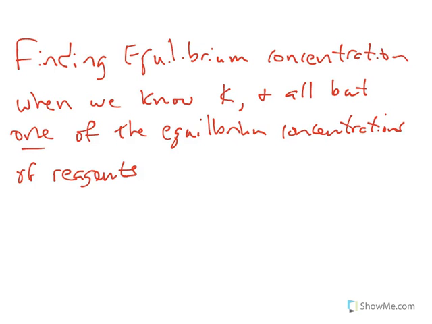When I say reagents, it's a generic term for both reactants and products. All right, so let's take a look at an example here. We're going to look at the following reaction.